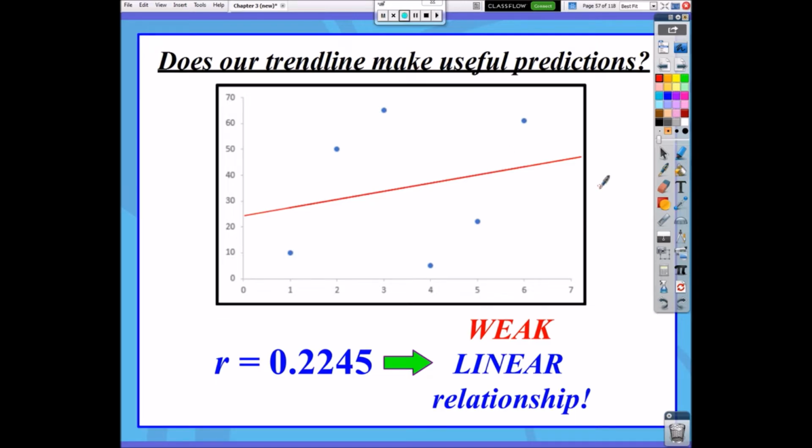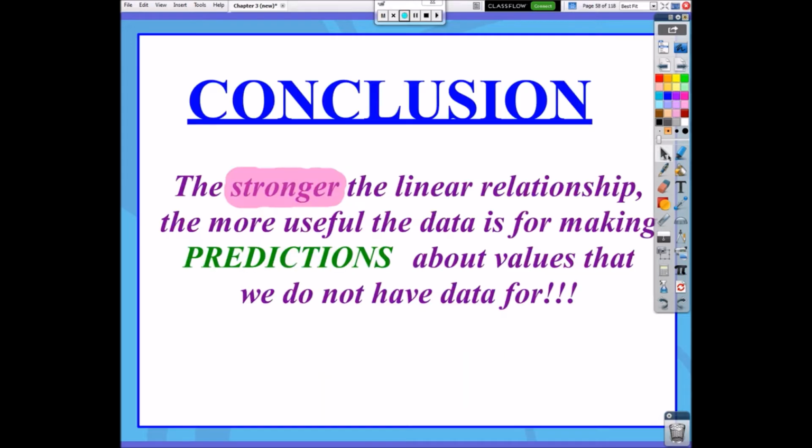So will this trend line make useful predictions? Maybe, maybe not, but I'm going to lean towards probably not because of the weak strength of this scatter plot. So the ultimate conclusion here is the stronger the linear relationship, the more useful the data is for making predictions about values that we do not have data for.